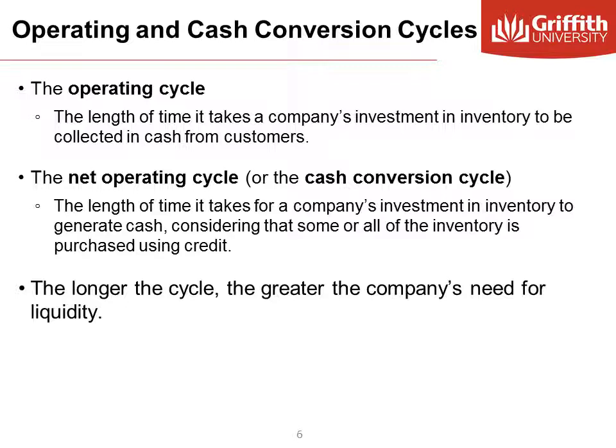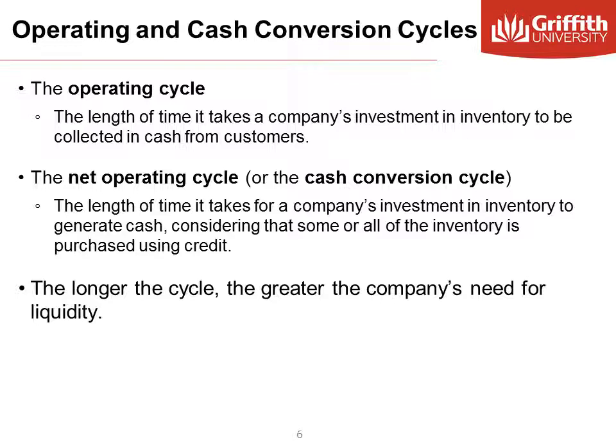The working capital effectiveness of a company can be evaluated based on its operating and cash conversion cycles. The company's effectiveness can then be compared with that of peer companies or industries to see how well they manage liquidity. The operating cycle is the length of time it takes a company's investment in inventory to be collected in cash from its customers.